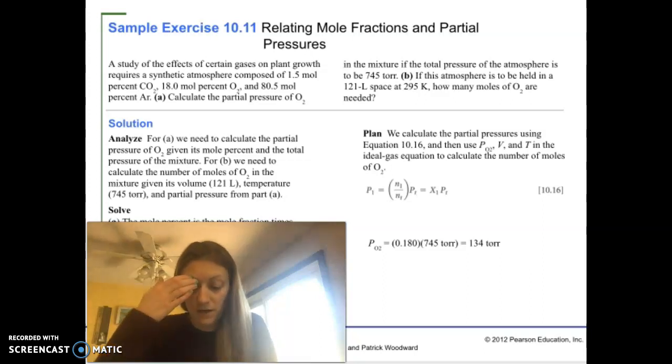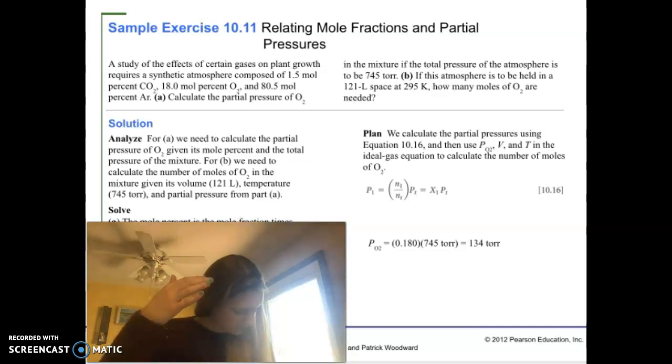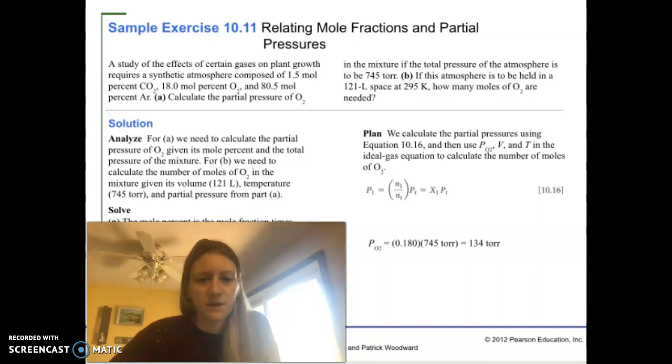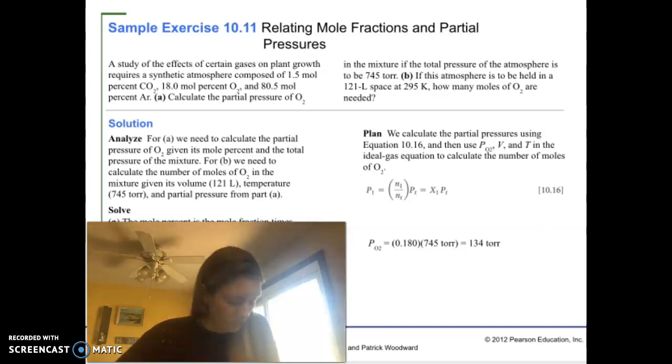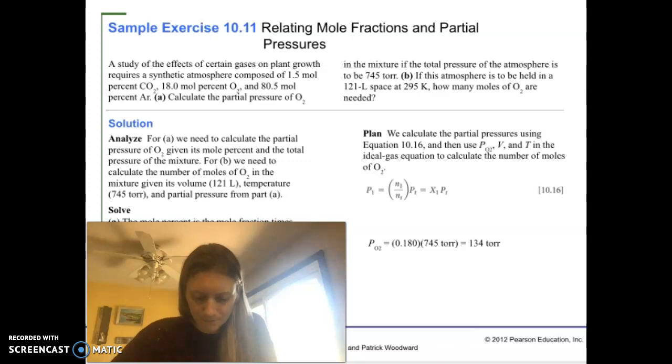So we want to convert first. Did they give us moles? 18%. Oh yeah, okay, since it's a percentage, it's 18%, you just want to convert that into a fraction. So you can divide by 100 to get 0.18. So that's the mole fraction.